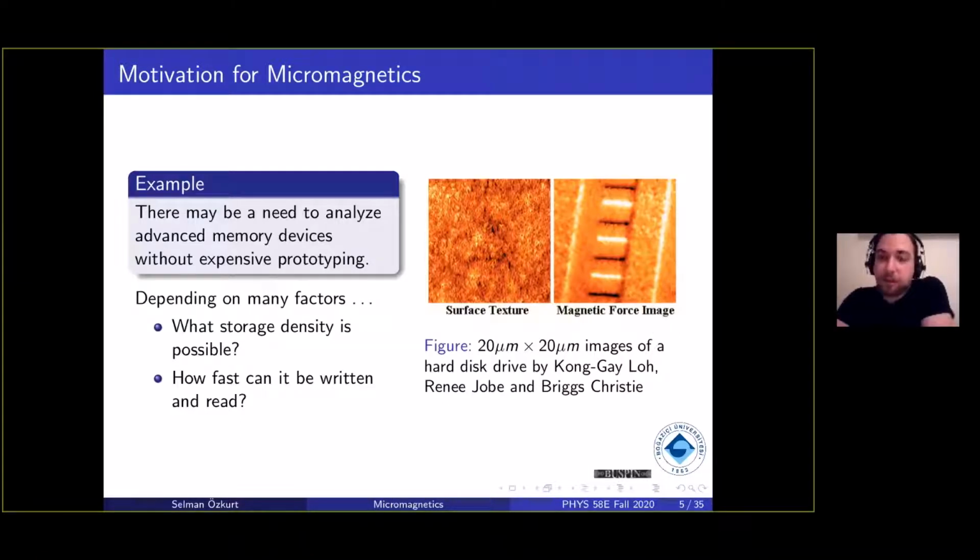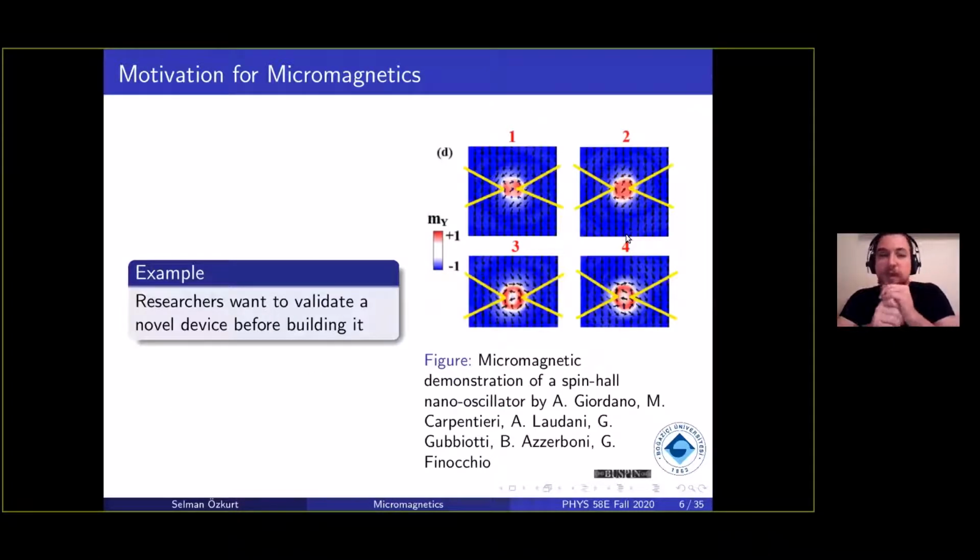In order to develop this hard disk, before building prototypes and expensive manufacturing systems, we have to analyze, for example, how fast it is possible to alter the polarizations of these bits, or how densely we can store these bits in that material without those bits interfering with each other. In order to do these example applications and many more in research, we need micromagnetics.